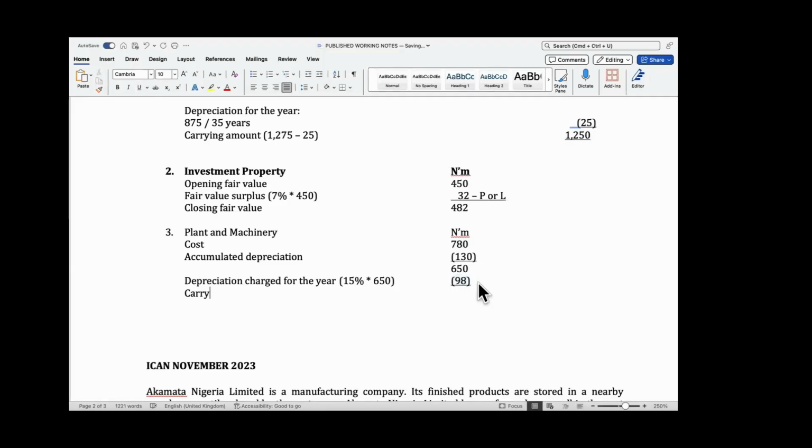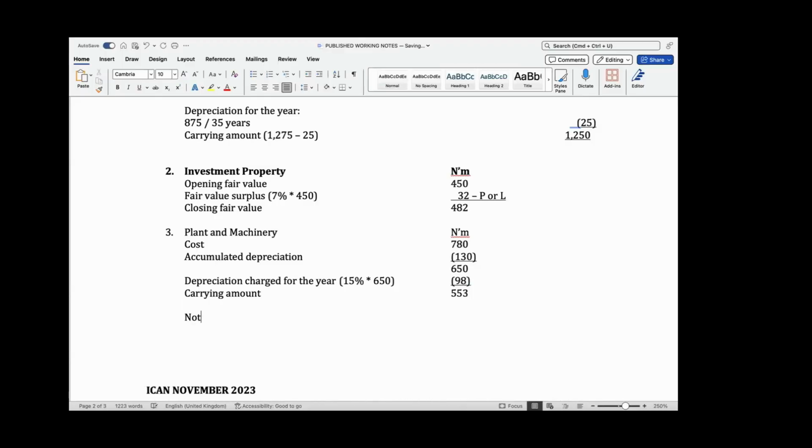So my carrying amount, what's the difference? 552. Is that correct? Yes, 552. It's correct now.